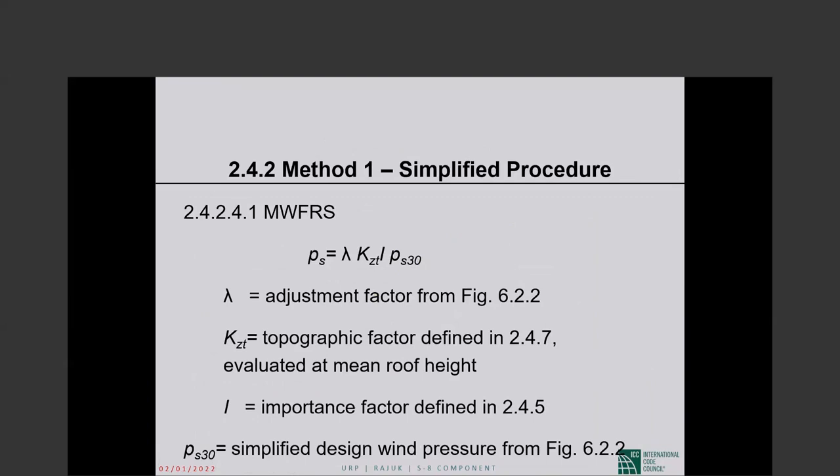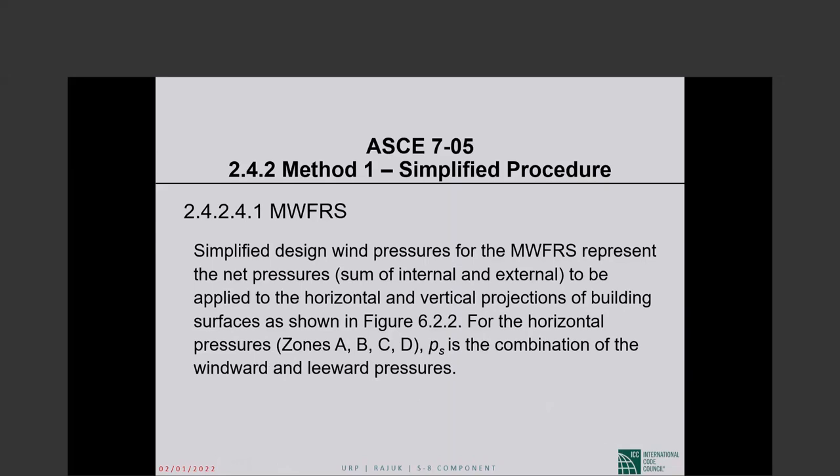If you have exposure C, mean roof height of 60 feet above which you cannot go, the lambda factor will convert PS30 to the value that you should use. Okay, so it is as simple as that. A PS30 for exposure B and mean roof height of 30 feet, you multiply that by I, K sub ZT, and the lambda that converts PS30 to the right exposure and the right mean roof height.